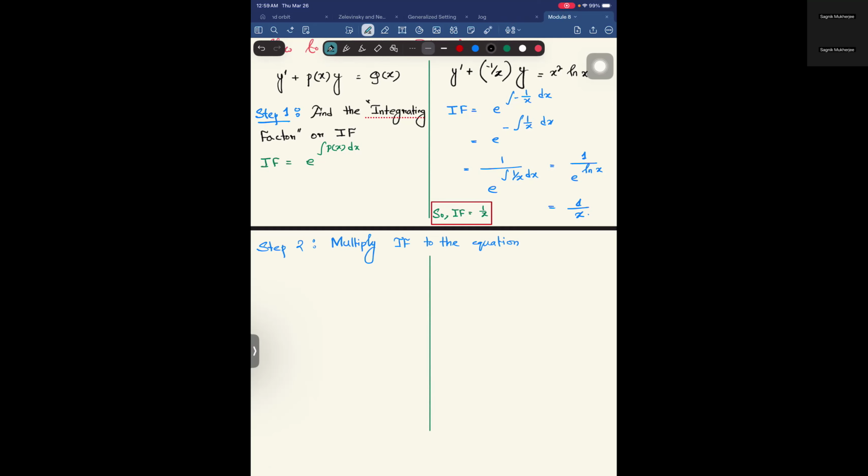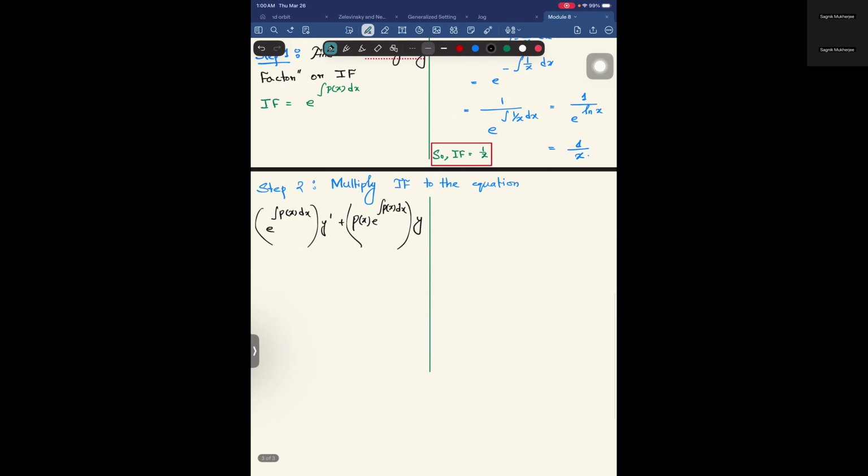So the equation would look like e power integral px dx y prime plus px e power integral px dx y equals qx e power integral px dx. Okay.